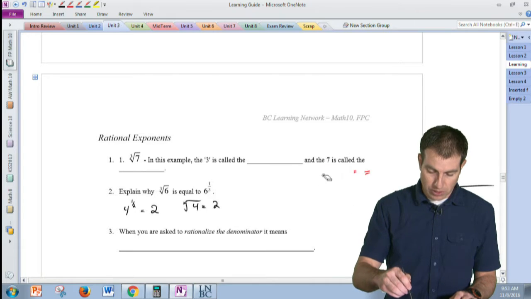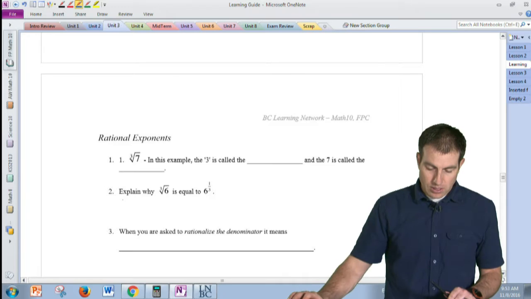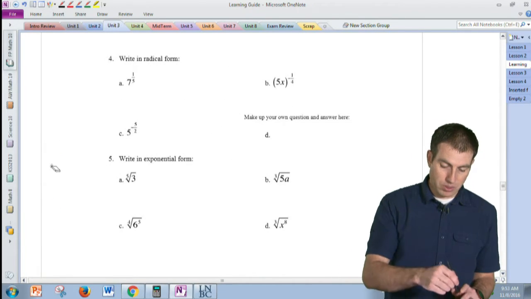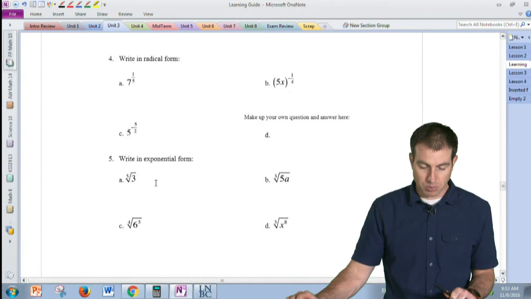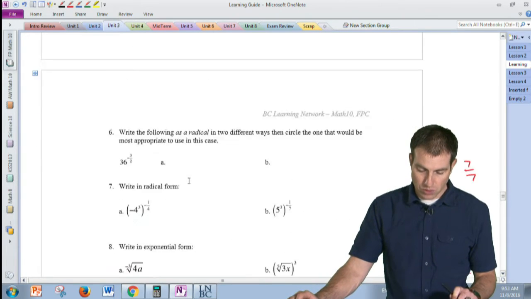Rational exponents, so these are your fraction exponents type questions. Write in radical form, so converting between exponents and fractions, powers, roots, the root idea. Go through those.